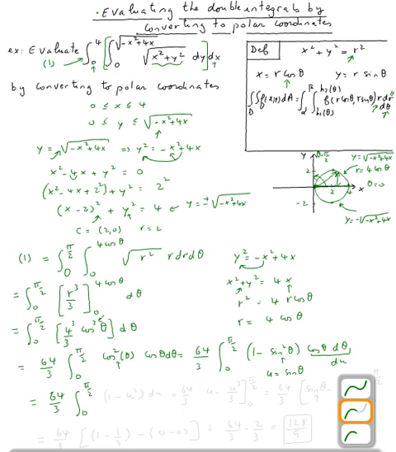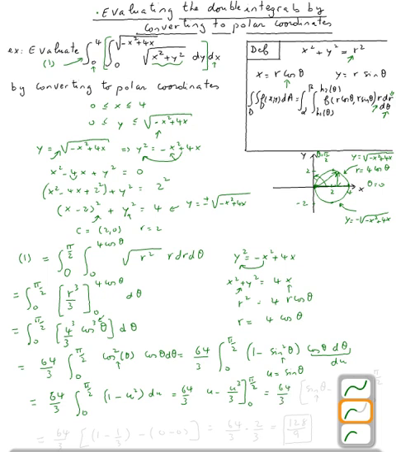So the integral becomes, from 0 to pi over 2, 1 minus u squared du, which is equal to u minus u cubed over 3, where theta goes from 0 to pi over 2, times 64/3.